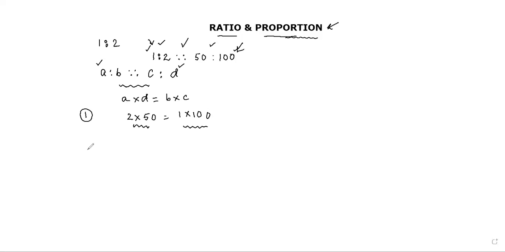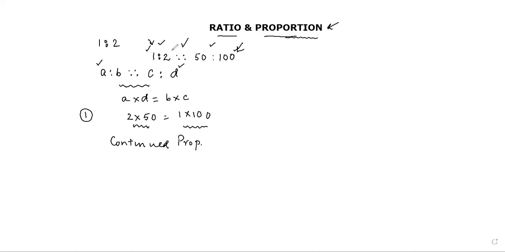Now, the second thing we are going to talk about is continued proportion. What is the meaning of continued proportion? Let's see. I wrote 1:2 is the same as 50 is to 100.